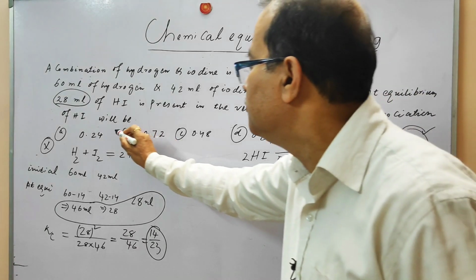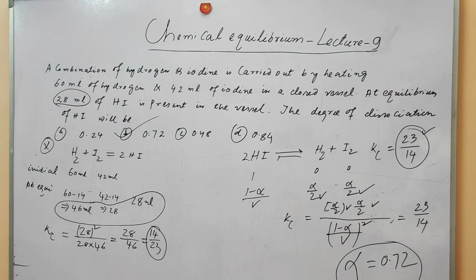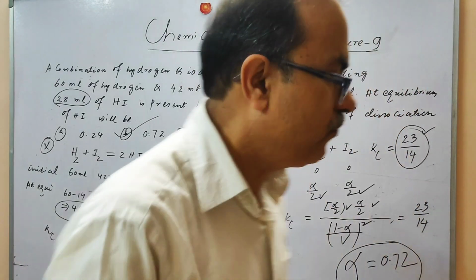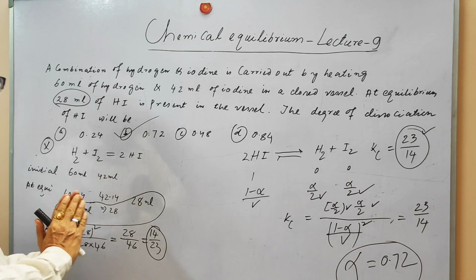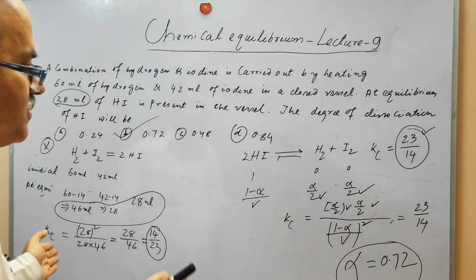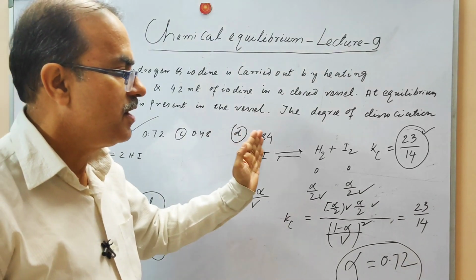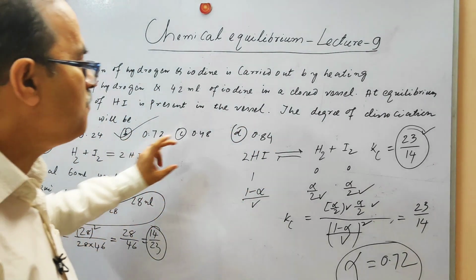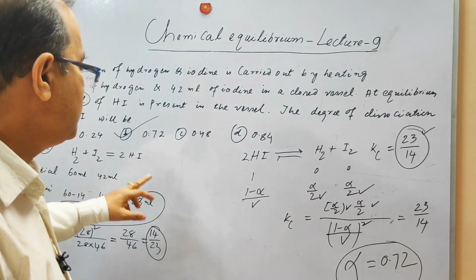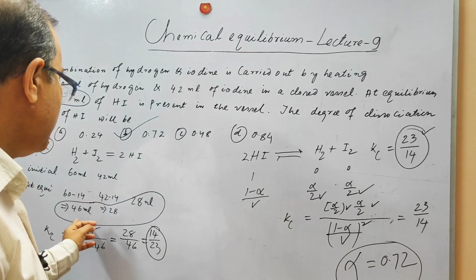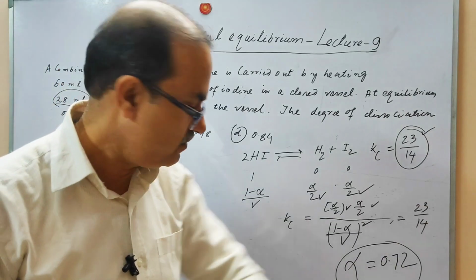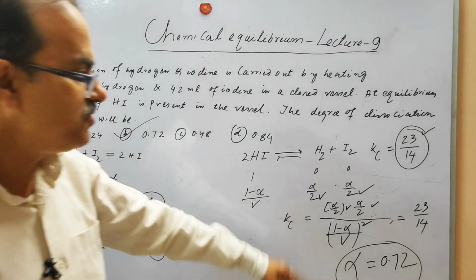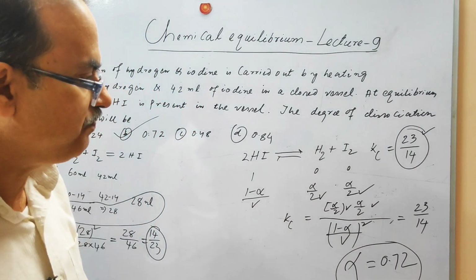So this will be the answer. The degree of dissociation will be this. First, from this data we calculated the Kc for the forward reaction, and the degree of dissociation comes from the backward reaction, so the Kc value will be reversed here. So from this we will get this value.